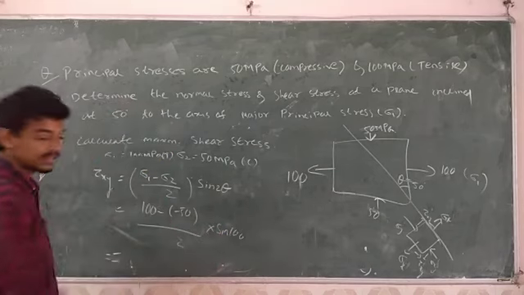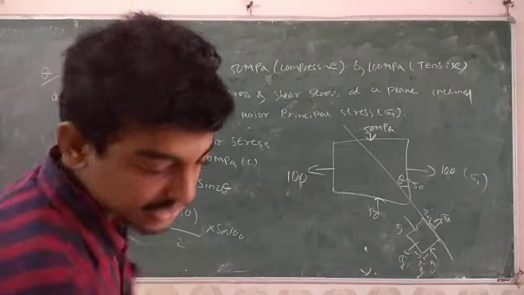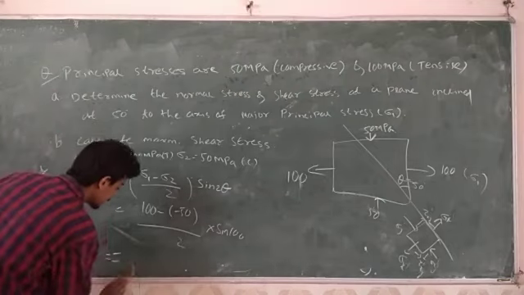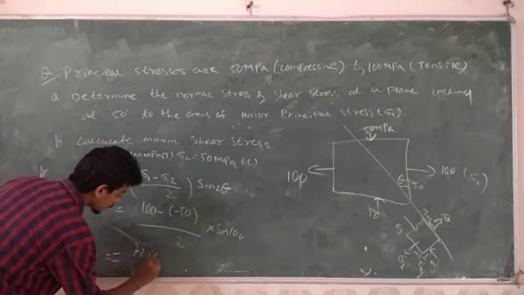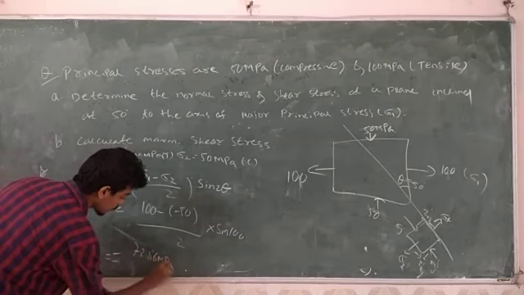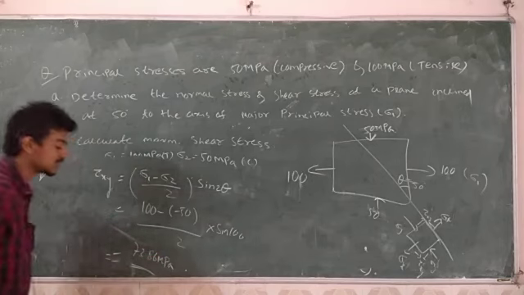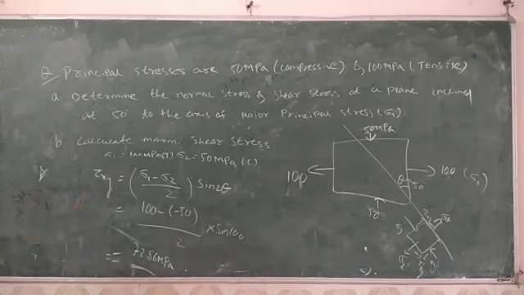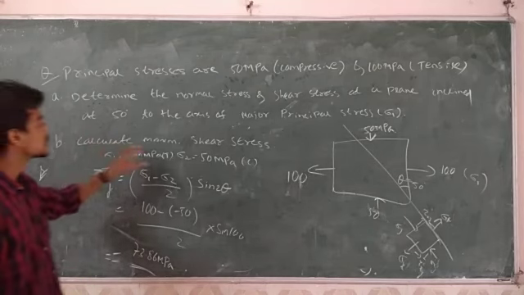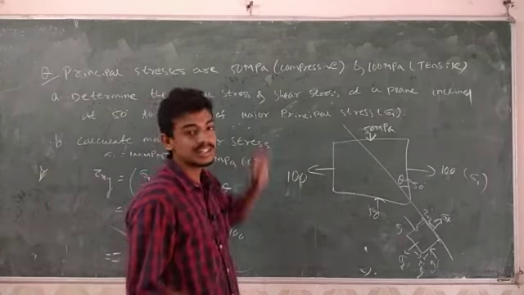So whatever the value will come, that will be the answer. It is coming 73.86 megapascal. This will be your answer. So now our first problem is over. That is, we have calculated the normal stress and shear stress.